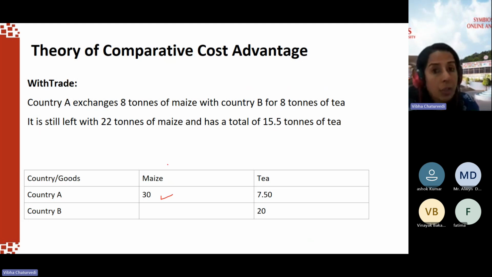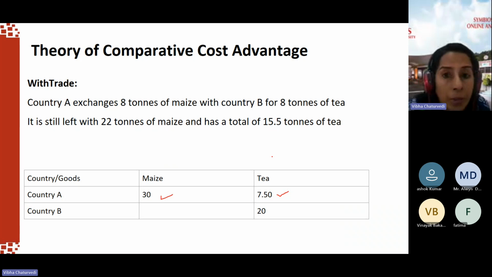So utilizing 300 units of labor for maize, they will produce 30 tons of maize, and using the remaining 100 units for tea, they will produce 7.5 tons of tea.